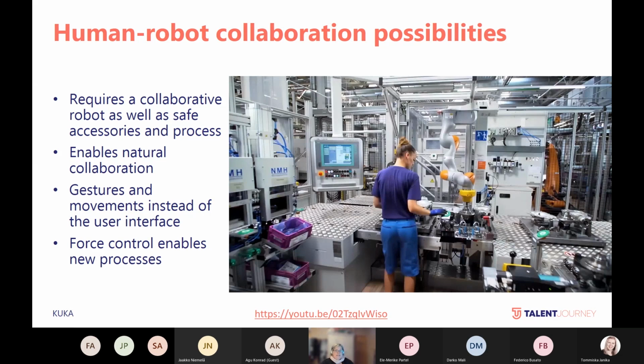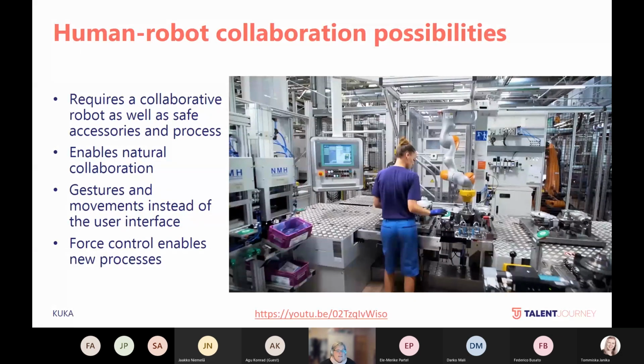The goal is that the human would no longer need any user interface to control the robot, but everything happens naturally so that the robot follows human gestures, expressions, and movements. When the robot forces can be controlled in real time, these robots can be used for ever newer and more complex collaborative tasks.